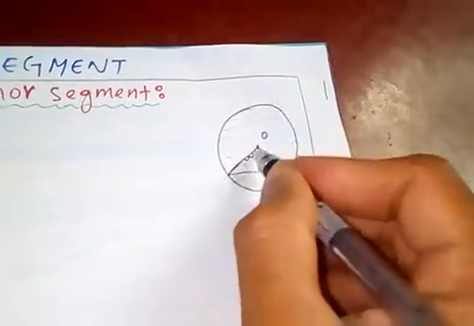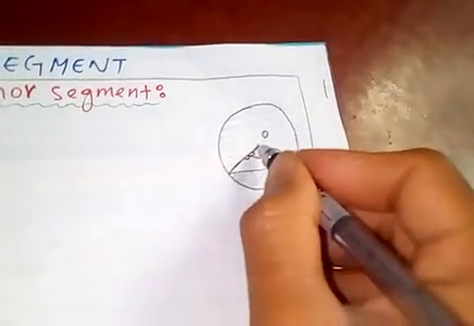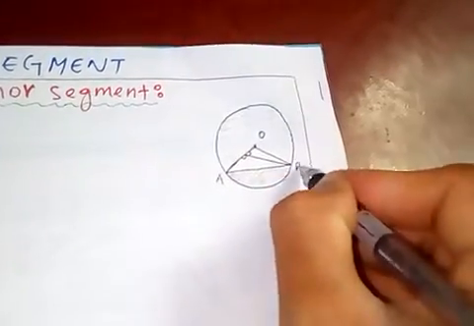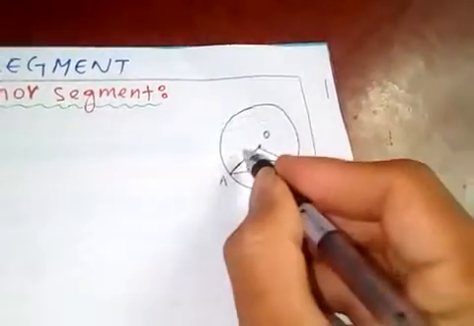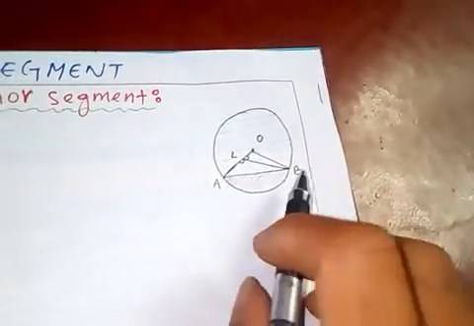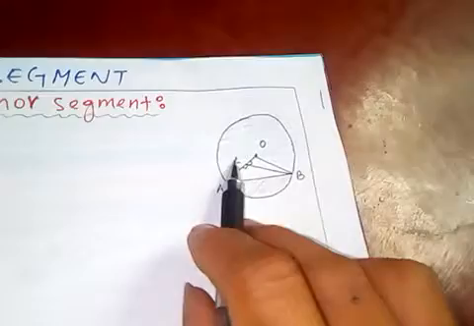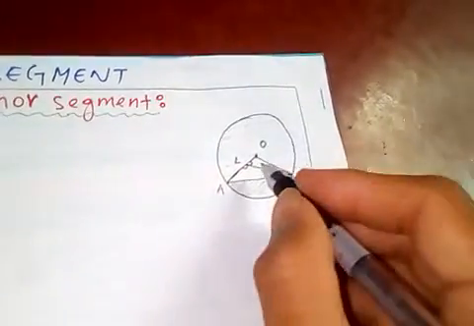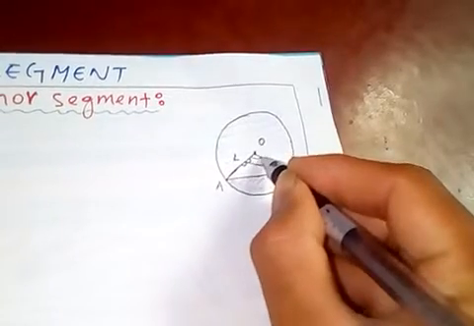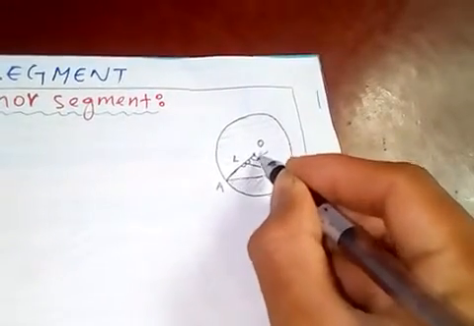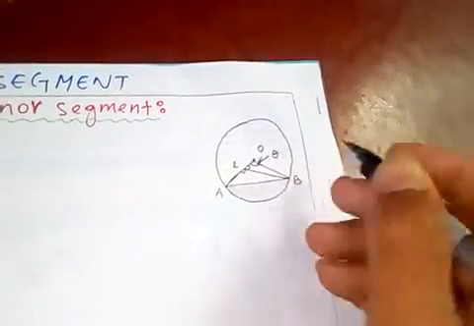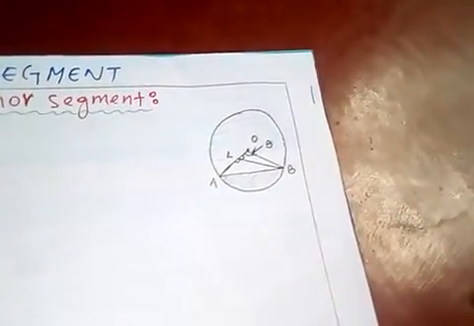Let's say A, B. Draw it such that BL is perpendicular to OA. Just draw it like that. And this is the sector, and this angle, let's say, is theta, the sector angle.